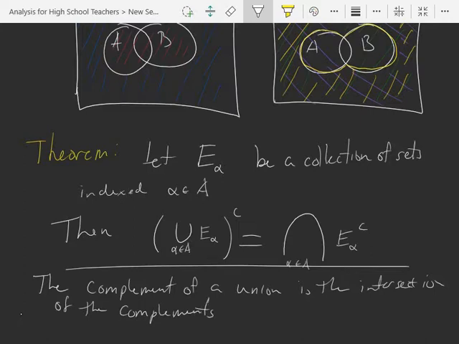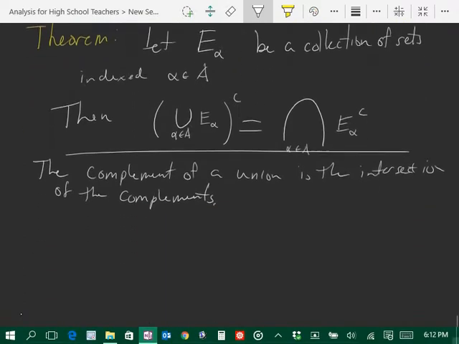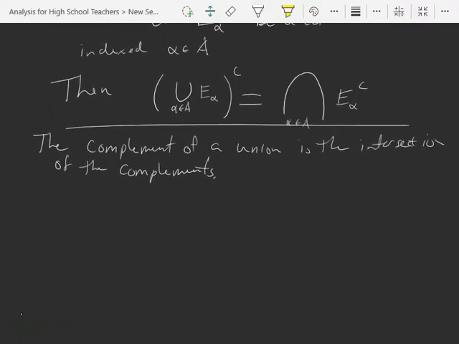And there's a quick corollary to this, which is the opposite statement. The complement of an intersection is the union of the complements. So a corollary is, it's like a theorem where you prove it, only it comes sort of directly after the proof. You look at just a slightly different case of the theorem, and that's where you get the corollary.